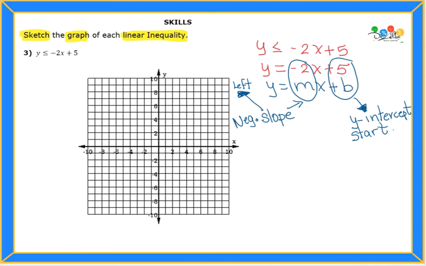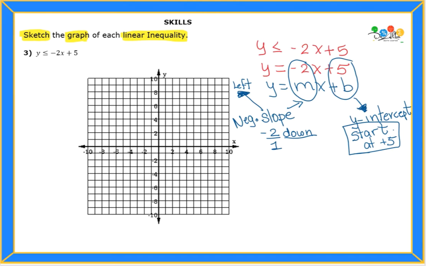So where am I going to start? I'm going to start at positive 5, and my slope is negative 2 over 1. I am going to write down a 1 as a denominator so that I can follow the rise over the run. Since the 2 is negative, I am going to start by going 2 down.